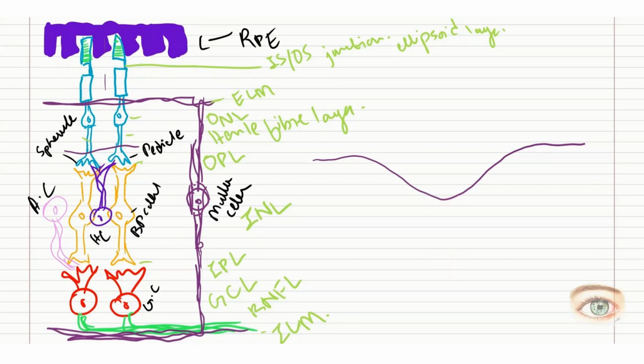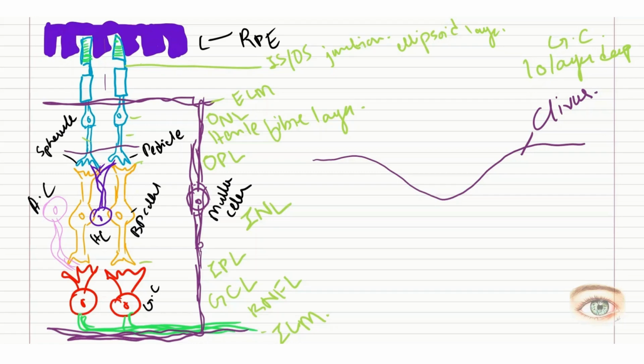And at this point, which is called the clivus, the ganglion cell layer is going to be 10 layers deep.